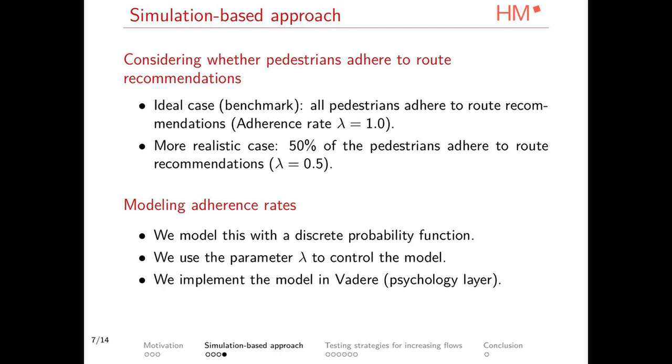So the adherence rate, for which I introduced the parameter lambda, is 1.0 in this case. But we know that this is not realistic, so we consider a second, more realistic use case. In this use case, only half of the pedestrians, that means 50%, adhere to the route recommendation. And we model this with a simple discrete probability function.